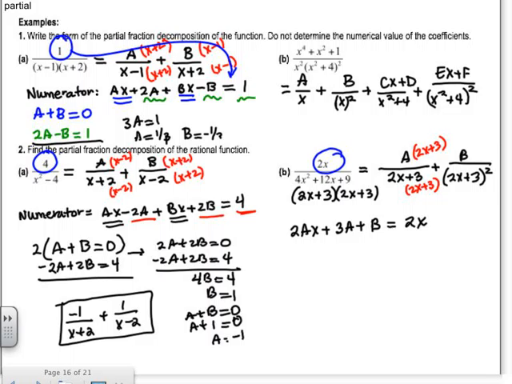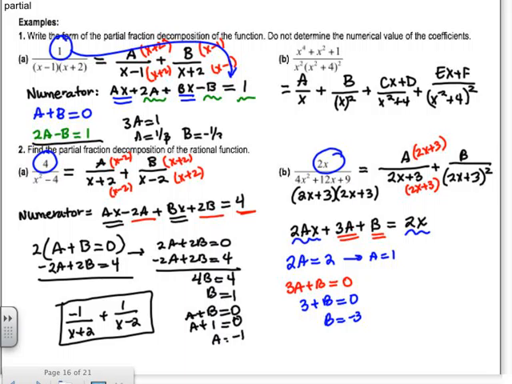So 2Ax, that's the only thing with x, has to equal 2x. So 2A equals 2, A equals 1. 3A plus B equals the number. There's no number over there, so it equals 0. So Brian's saying A is equal to 1. If I plug 1 in, I get 3 plus B equals 0. So B is negative 3. That's right.